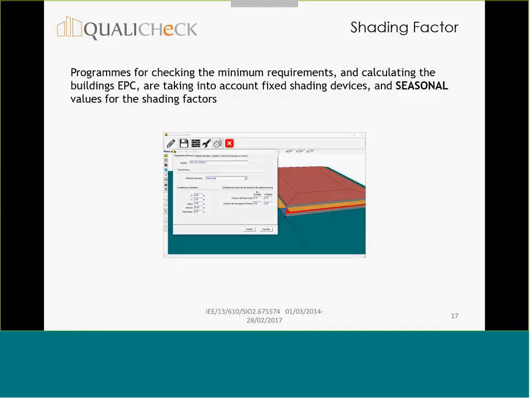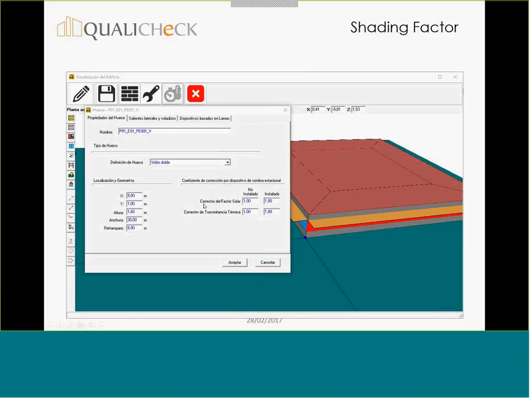For other shading devices, when the user knows that it is movable, mobile shades, then we have to rely on seasonal values for the shading factor. And the seasonal values are included in these two parameters, when the shade is installed and when the shade is not installed. These numbers must be calculated by simulation.